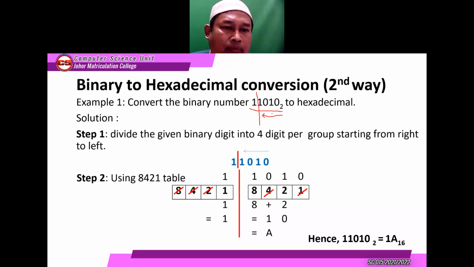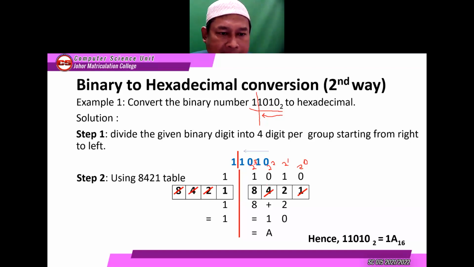So from right to left, the first group is 1, 0, 1, 0. This is the first group, and for the second group, the remaining digit is 1. So the second group is 1. For 4 digits in binary numbers, the columns are 2 power of 0, 2 power of 1, 2 power of 2, and 2 power of 3.